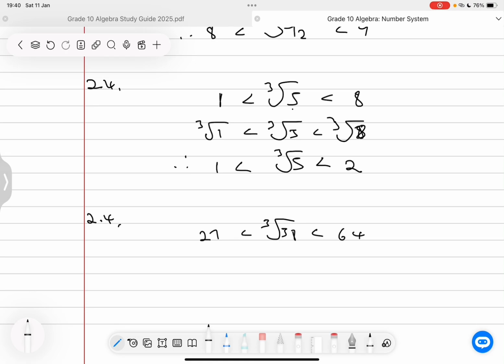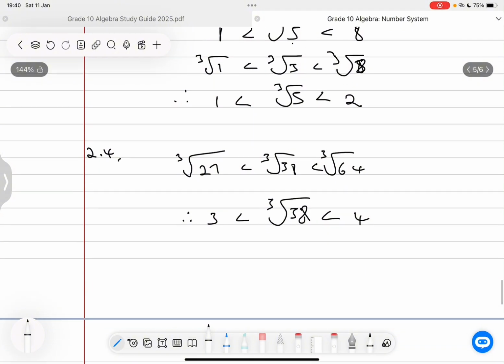Now, if I apply cubic roots on both sides, this gives me a 3 this side, and this gives me a 4 this side. So this means that my cubic root of 38 lies between 3 and 4. It is a number between 3 and 4.